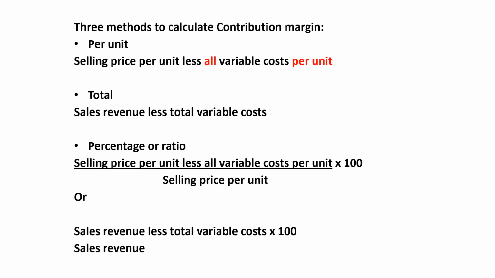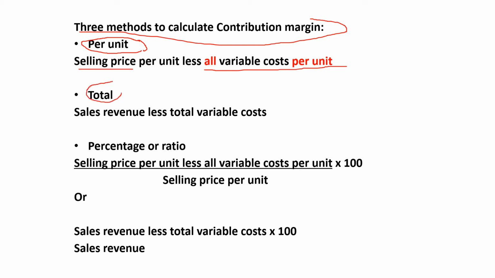Then this is how we calculate the three contributions. If we look at per unit, we'll say selling price per unit less all your variable cost per unit. Then you'll be calculating contribution margin per unit. Number 2, if you are calculating contribution margin revenue or in total figures, you will need your sales revenue less your total variable costs.